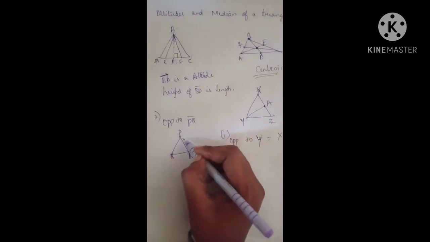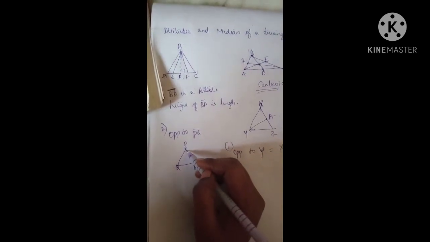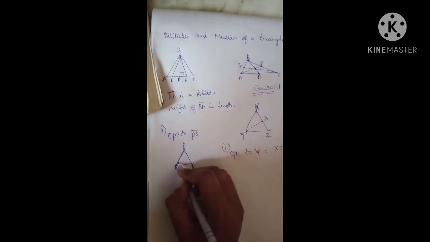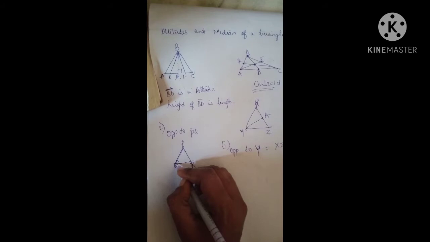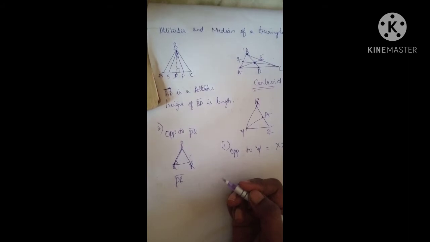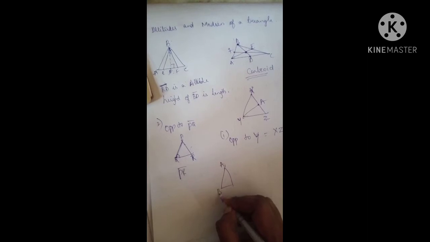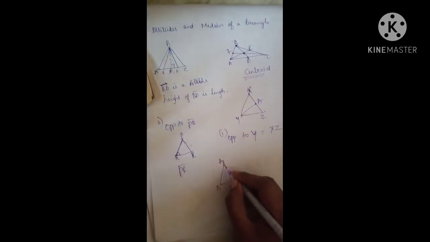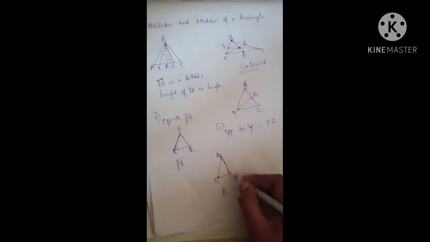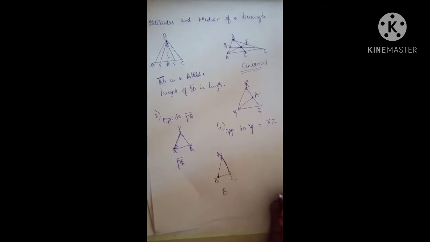Next, the vertex opposite to side AC in triangle ABC. What is the vertex opposite to AC? B. He is asking the vertex opposite to AC, so that is B. Clear? This is your third question.